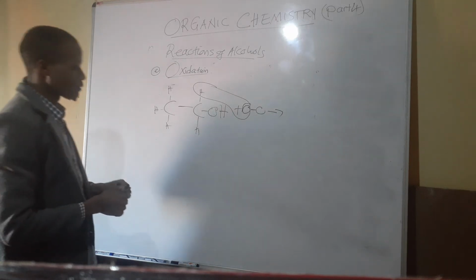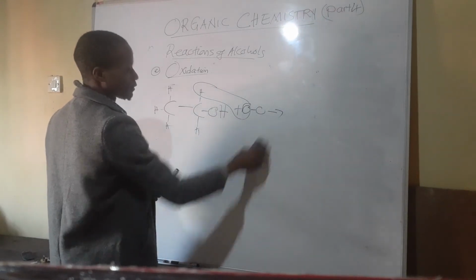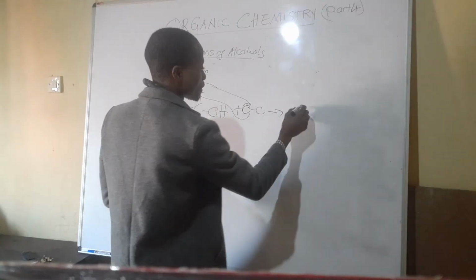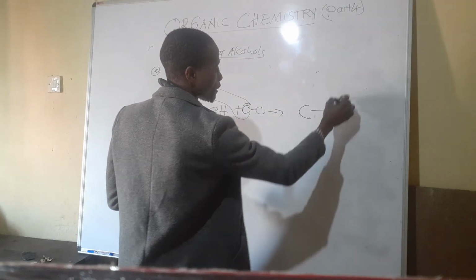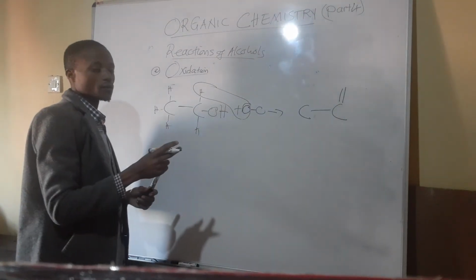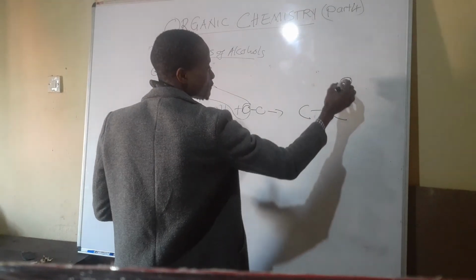Now, the oxygen has the ability to form two bonds because it has a valence number of 2. So this will be oxygen, we have 2 there.